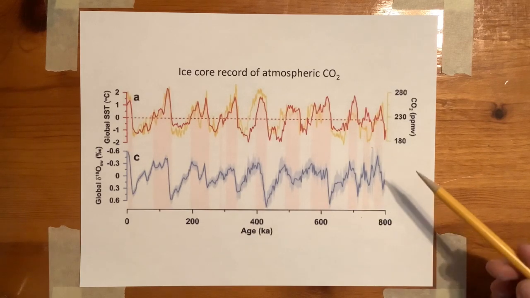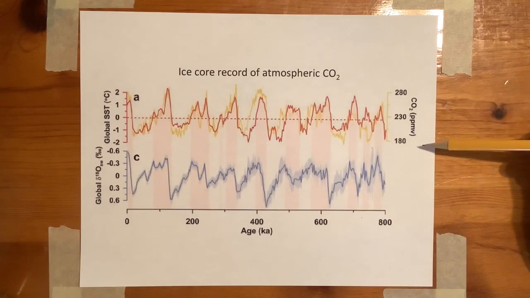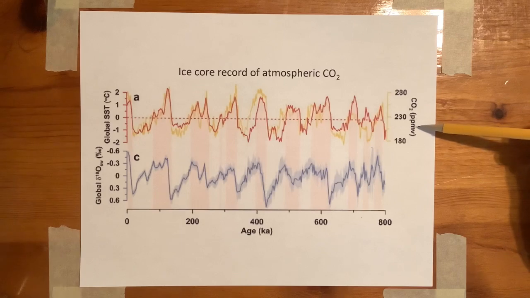Okay, so here on this right-hand side axis, we've got CO2 measured in parts per million by volume. So that's a ratio similar to a percent, right? A percentage is the ratio of something out of 100, and parts per million is the ratio of something divided by 1,000,000 instead of divided by 100.